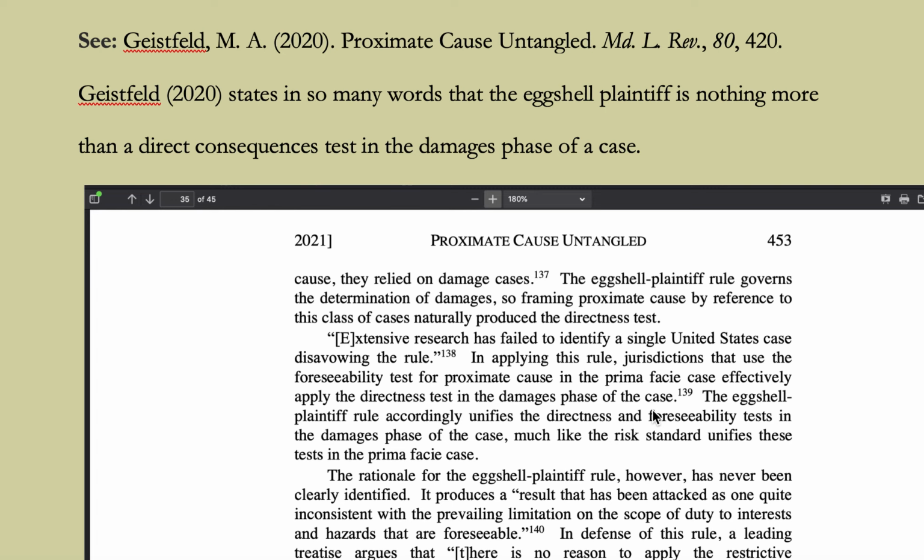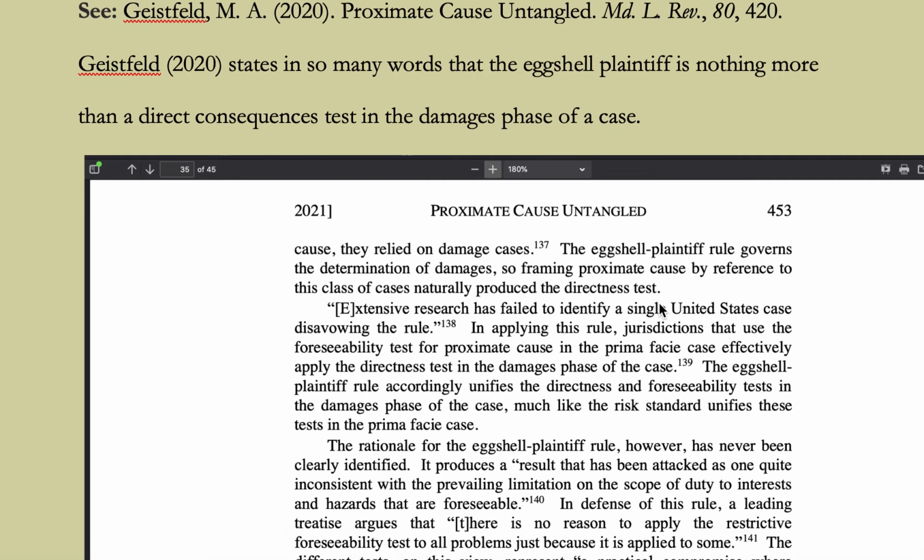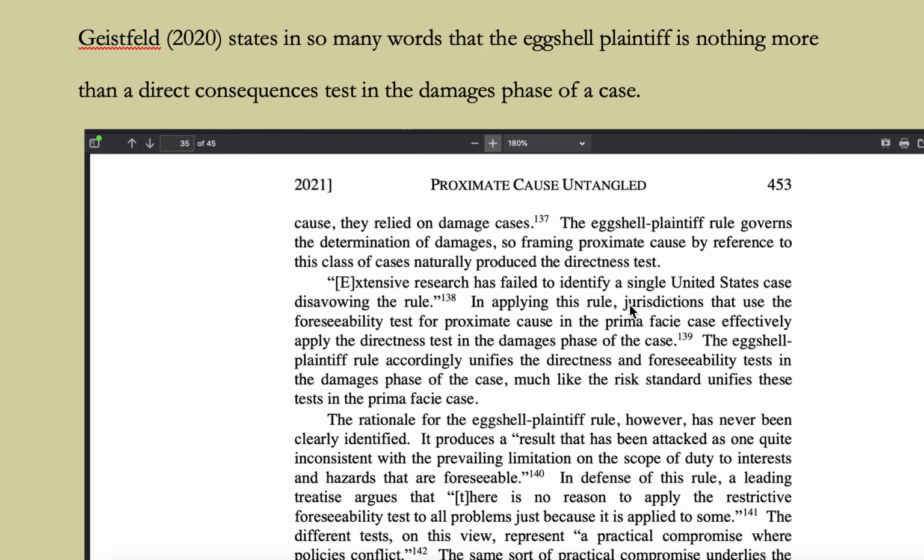In other words, this is another jurisdiction probably, because I'm reading off of it, and they relied on damages cases. The Eggshell plaintiff rule governs the determination of damages, so framing proximate cause by reference to this class of cases naturally produces the directness test. Now we're going to talk about the directness test and indirect, okay?